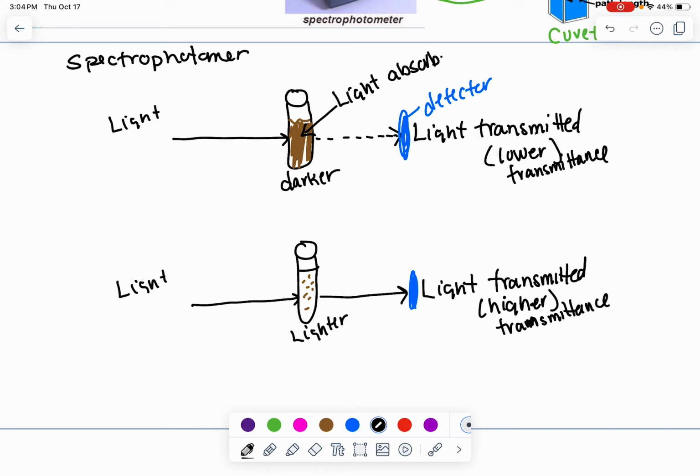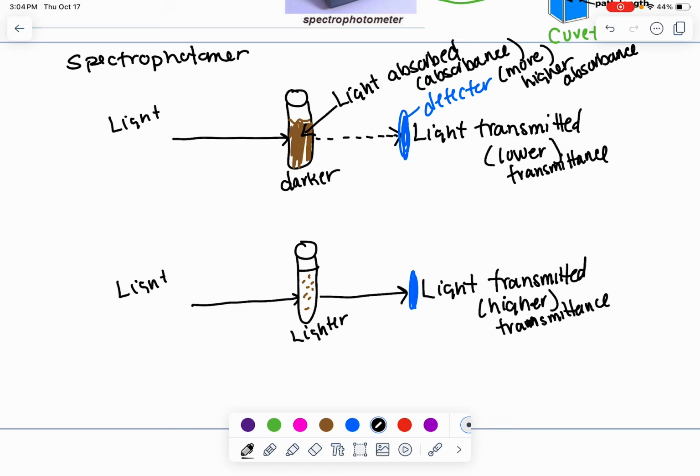So we call this the absorbance. So when you have a dark liquid like that, you're going to have less light that gets transmitted, and you're going to have a higher absorbance number.